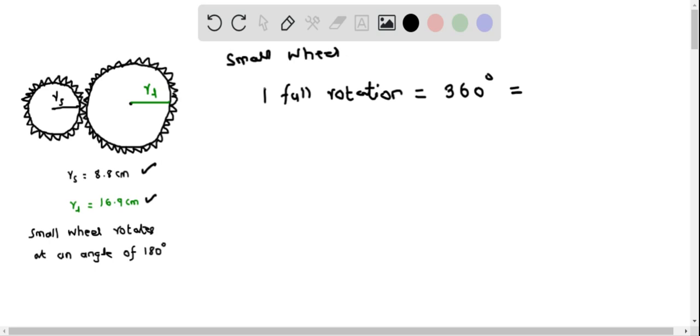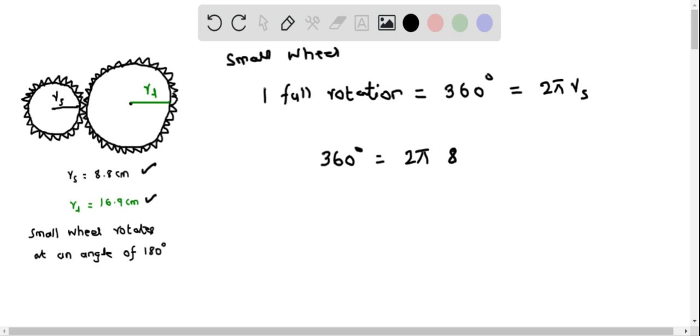We see that the small wheel will make a distance of 2 pi r, that is r sub s, because 2 pi r gives the circumference of a circle. The wheel is basically circular in shape. So we see that if it makes one full rotation, which is equal to 360 degree, equals 2 pi r sub s.